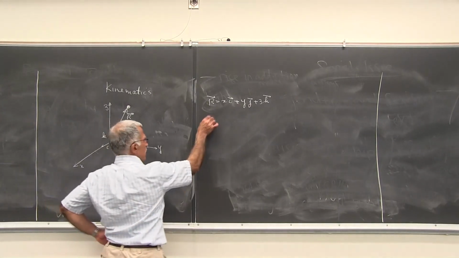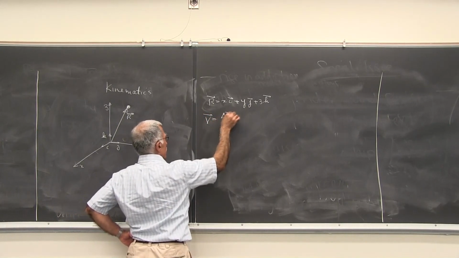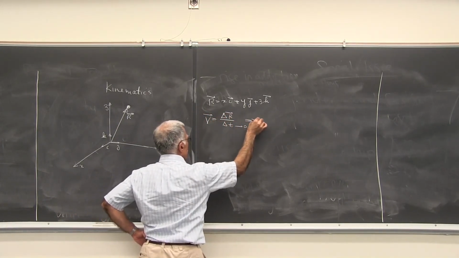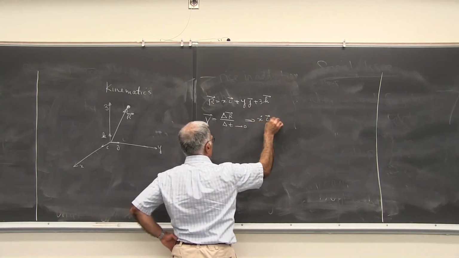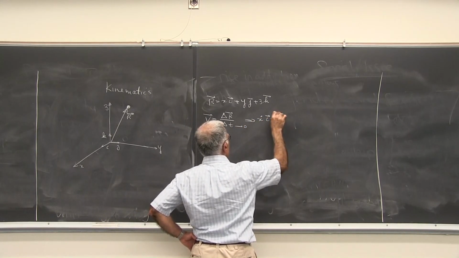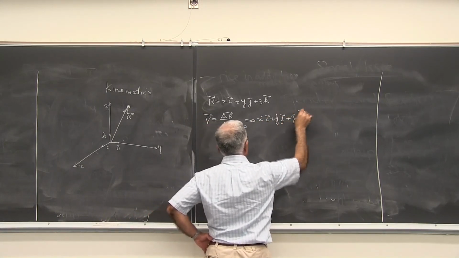So you can say the velocity is defined as the change of position over delta t as delta t goes to 0, and that becomes x dot i plus y dot j plus z dot k.